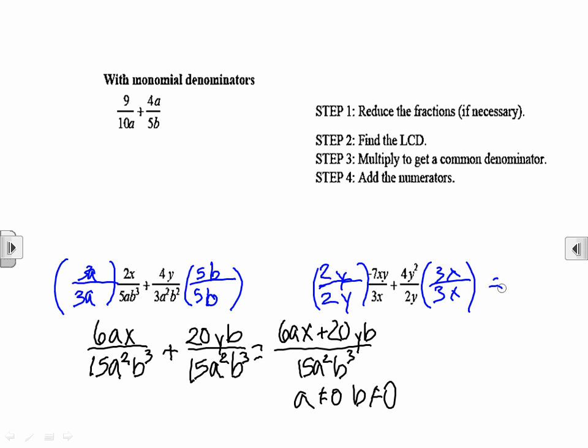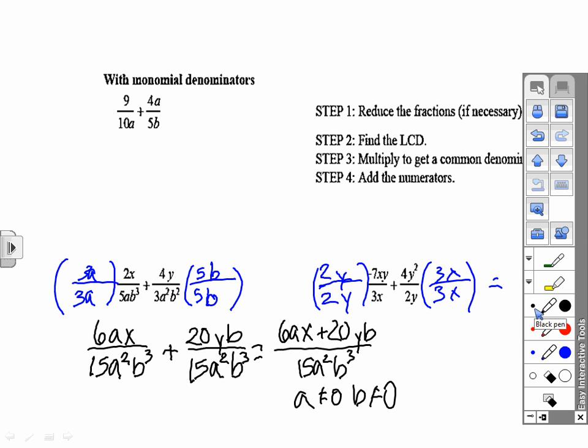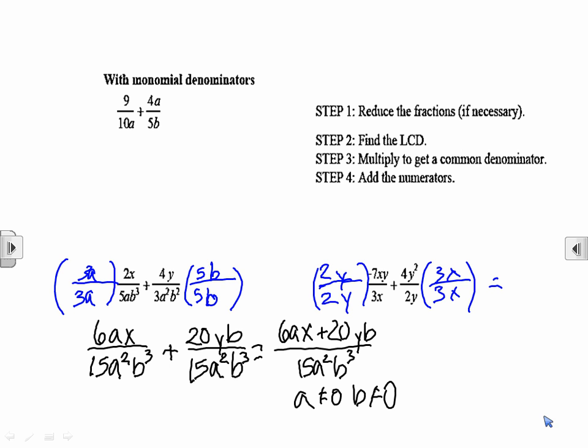That gives me negative 14xy squared over 6xy plus 12xy squared over 6xy.